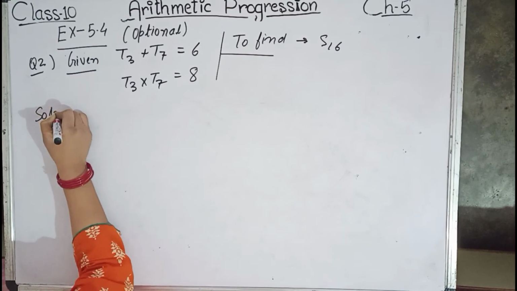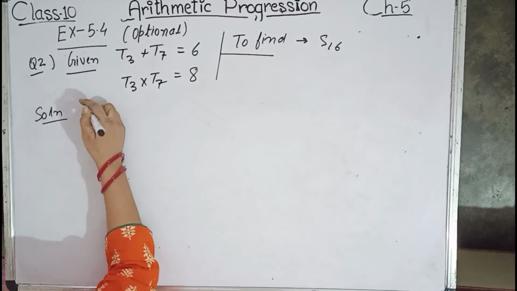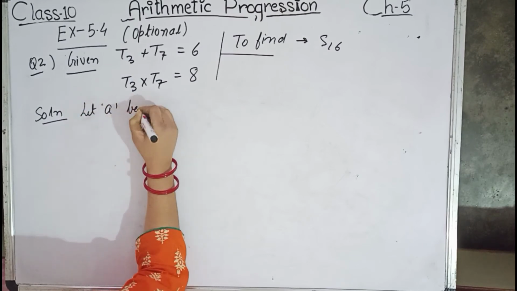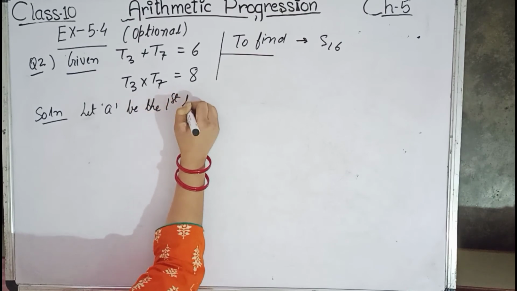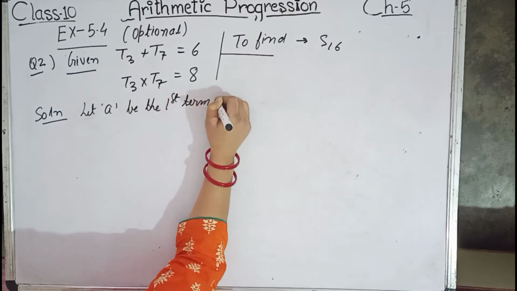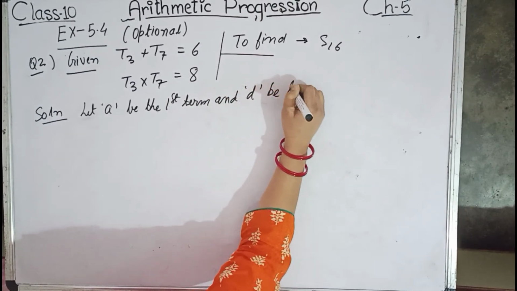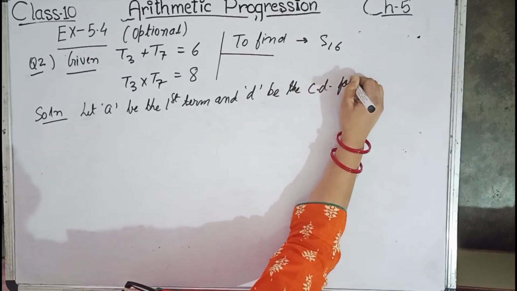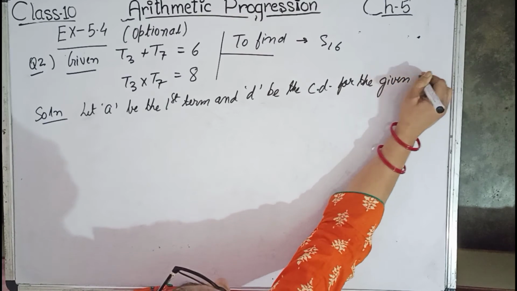So in the solution part, we will write let A be the first term and D be the common difference for the given AP.